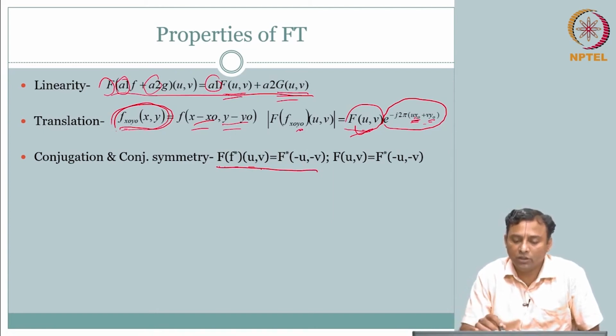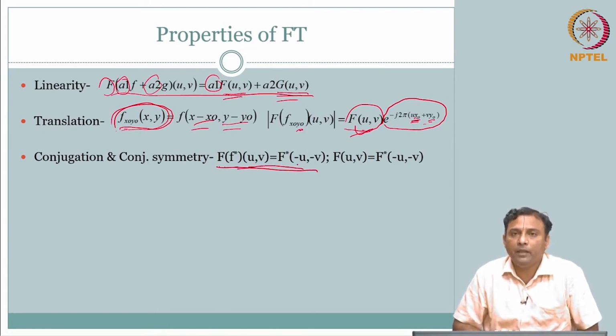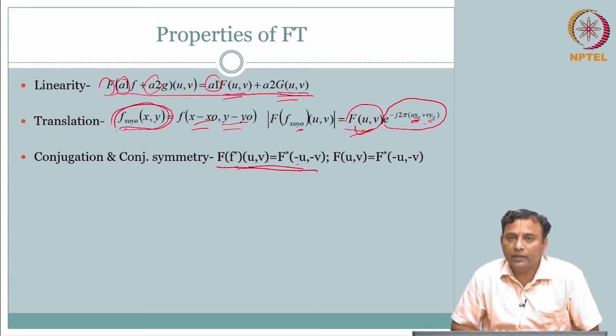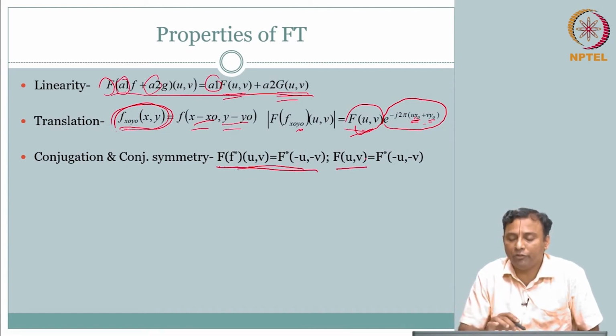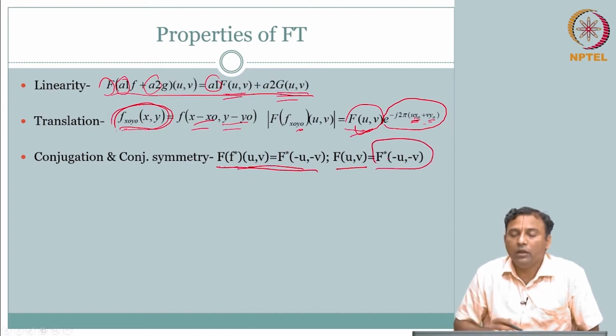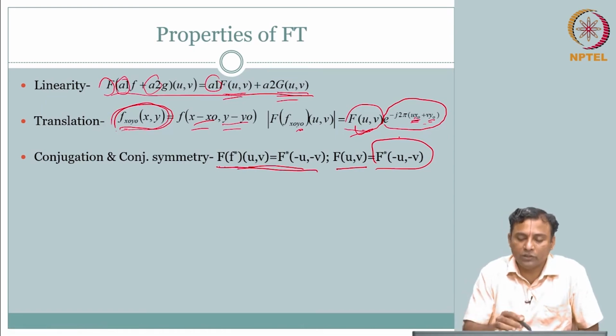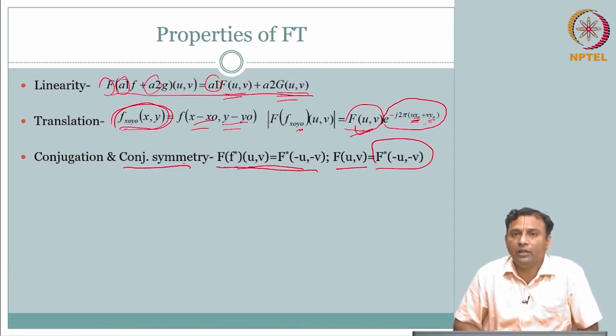of x comma y is F complex conjugate of minus u comma minus v. So this is your conjugation property. Likewise, if f of x comma y is real valued and F of u comma v is the Fourier transform of that, then F of u comma v will be equal to F asterisk, the complex conjugate, of minus u comma minus v. So this is your conjugate symmetry property.